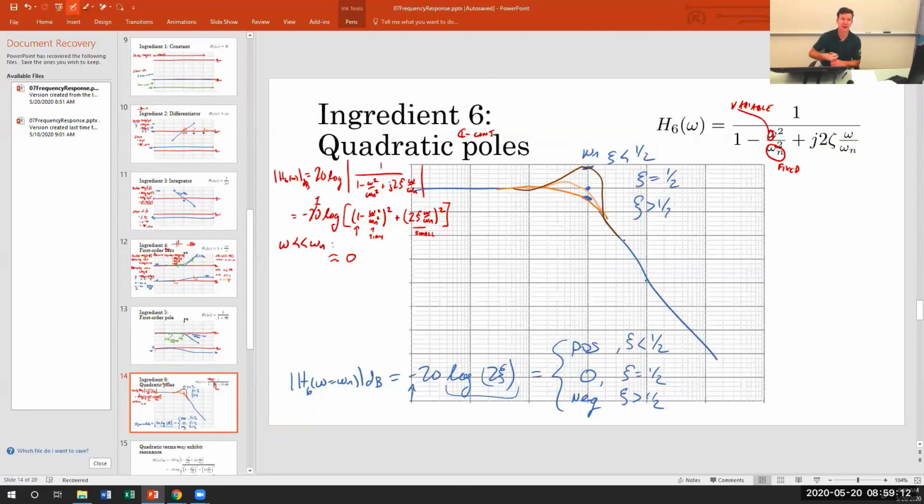Zeta controls how oscillatory these poles are. The more oscillatory the poles are, the more prone they are to resonance. Eventually we get to talk about the resonant frequency of the poles, which is a slightly different concept than the natural frequency. More on that next time.